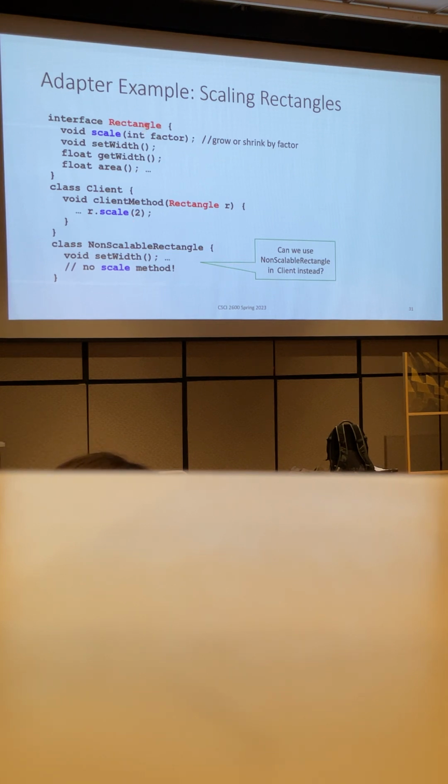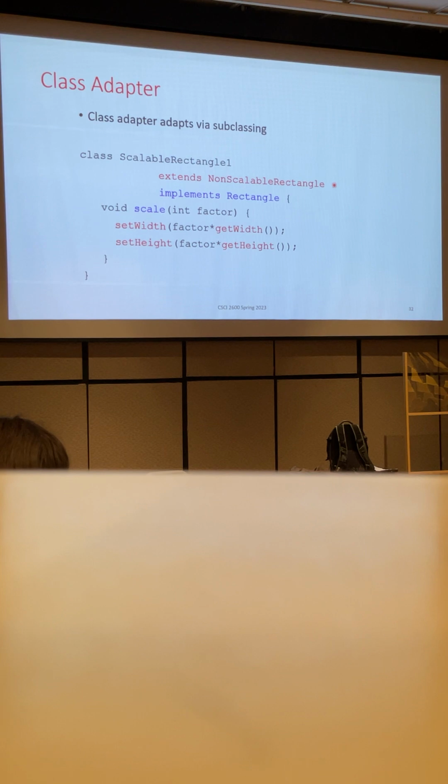So all rectangles would have this scale method. But if there is a NonScalableRectangle, it doesn't have the scale method, and as you can see, it's not a Rectangle. It doesn't implement the Rectangle interface. So can we use NonScalableRectangle in Client instead? No, because NonScalableRectangle is not a Rectangle according to this.